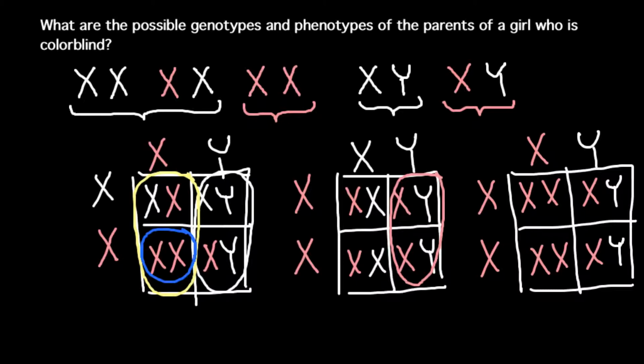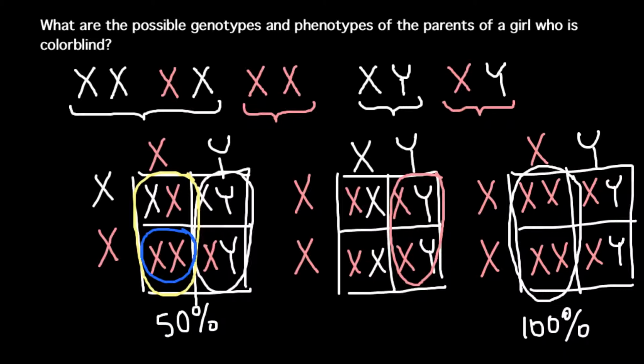So when both parents have this genetic disorder, 100% of their progeny also have it. And we are especially interested in the females: 100% of the females would be affected with this genetic disorder.